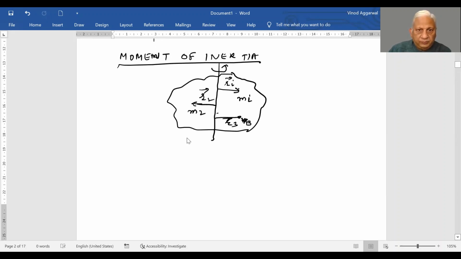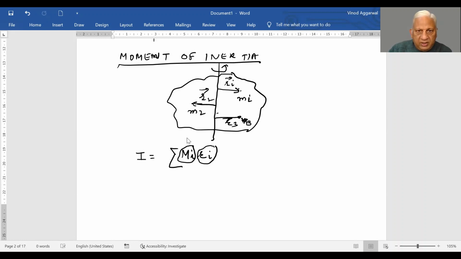So what is I? What is moment of inertia? Moment of inertia is nothing but the summation of all, for each particle, its mass into the square of its radial distance from the axis of rotation.